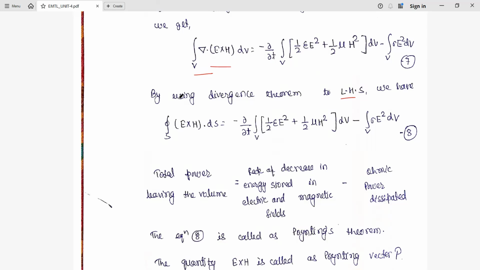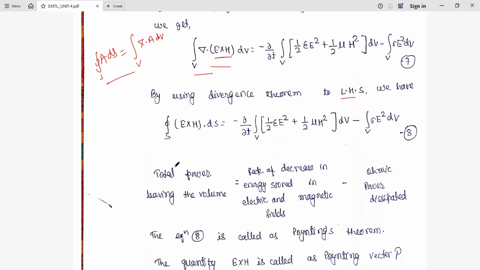So the relation is: the surface integral of any vector A over a closed surface is the same as the volume integral of the divergence of that vector. This is the divergence theorem. Here, in place of A, we have E cross H. So by applying the divergence theorem, the LHS of equation 7 and equation 8, both are equal.